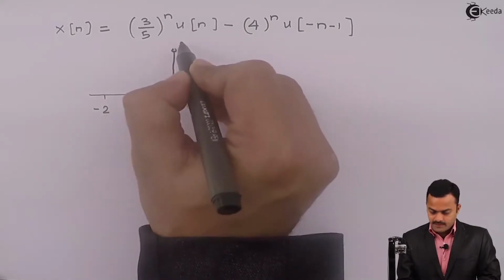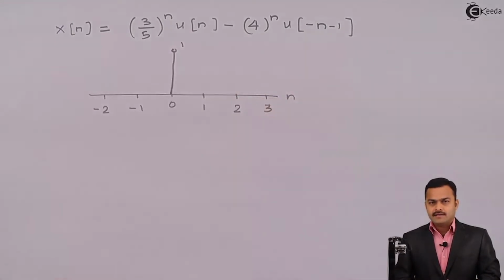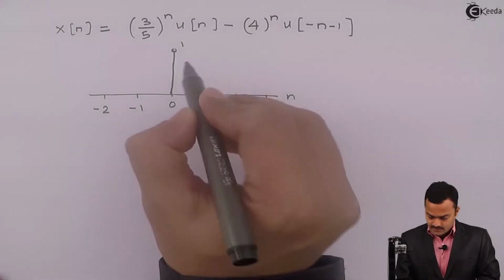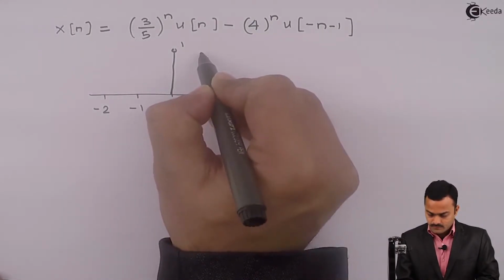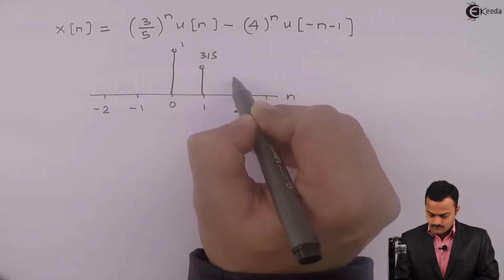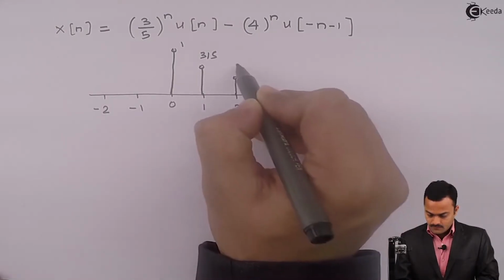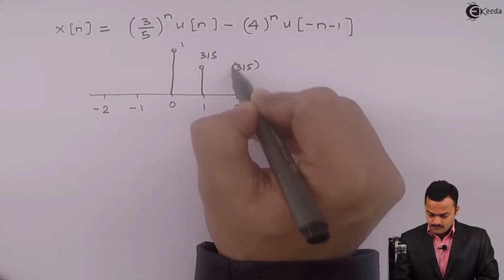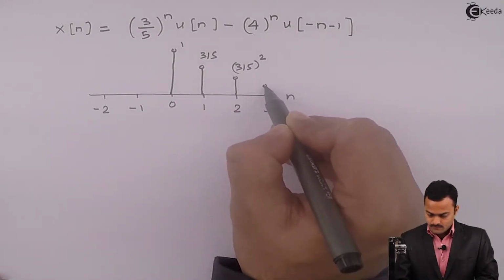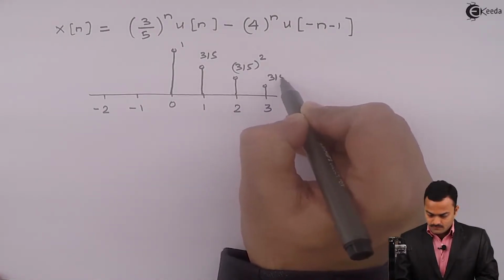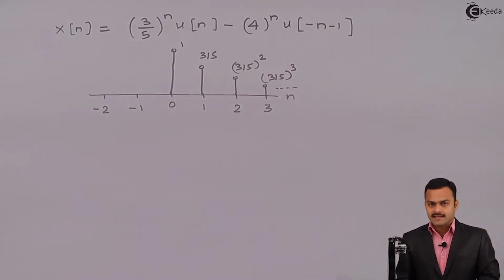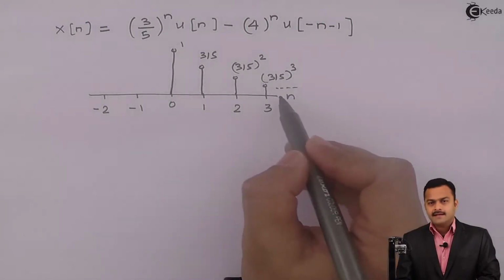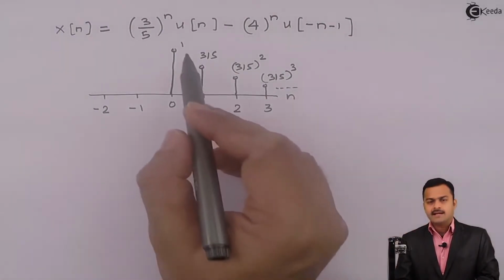This will be 1, and then as n increases, we will have a signal of a decreasing nature, which we call a converging signal, because as n tends to infinity, this signal tends to 0.